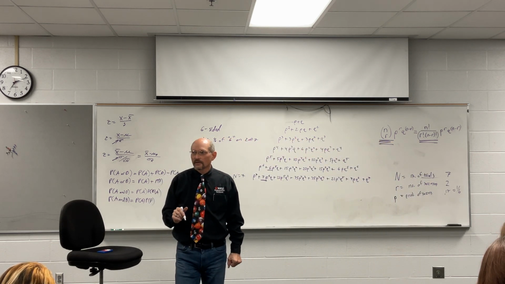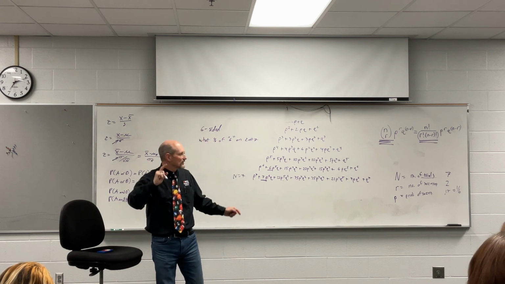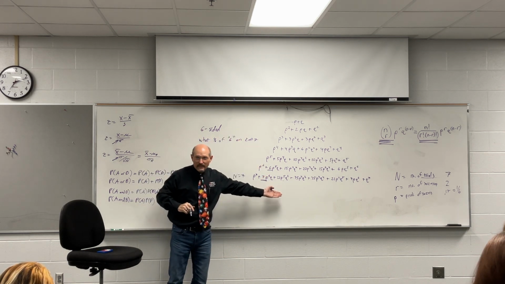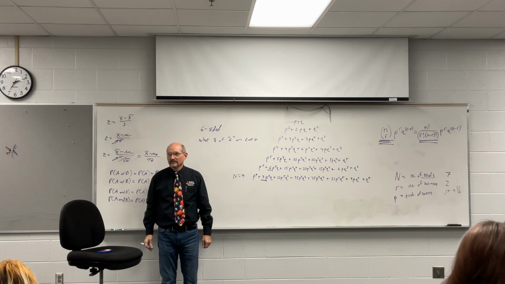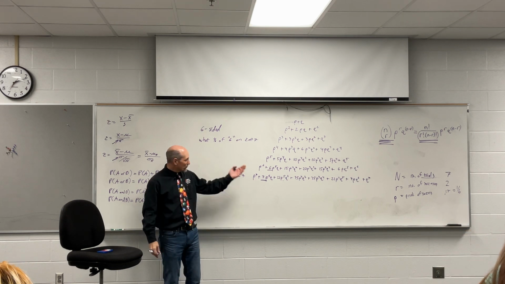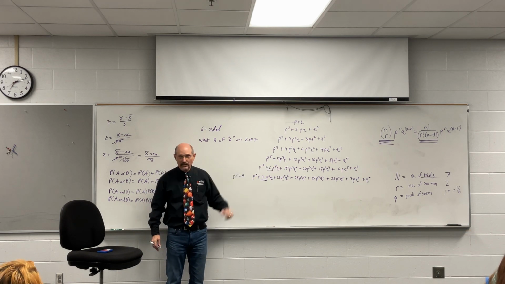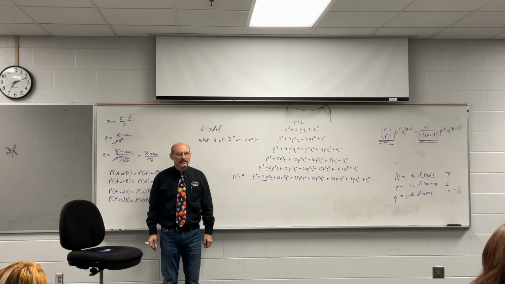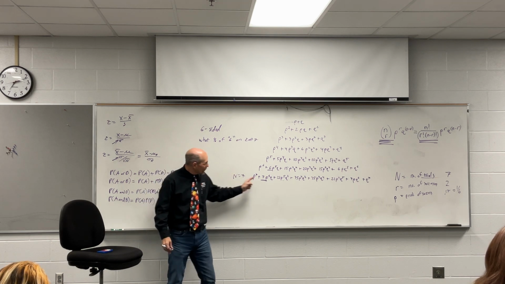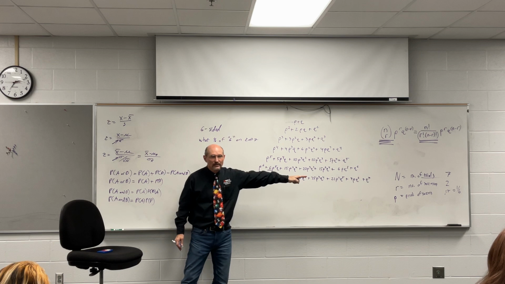So, let's go back here, Lily. Which expansion do I want to use? The last one, n equals 7, because n equals 7 over there. Which term across that expansion am I going to use?